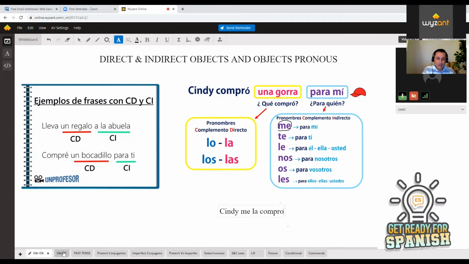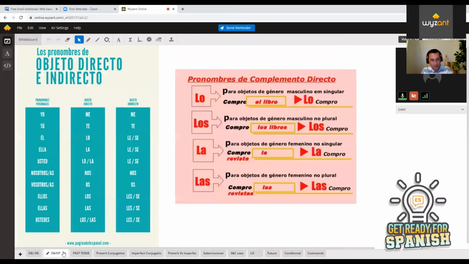We're continuing with the direct and indirect object pronouns, okay? These are the pronouns that you're going to be memorizing. There is not much to memorize. Fortunately, that is easy because most of them are identical, like me, te. The only ones that change are these ones right here, okay?